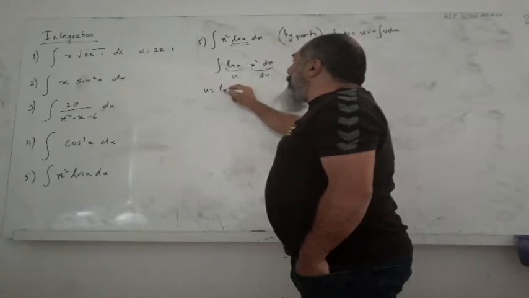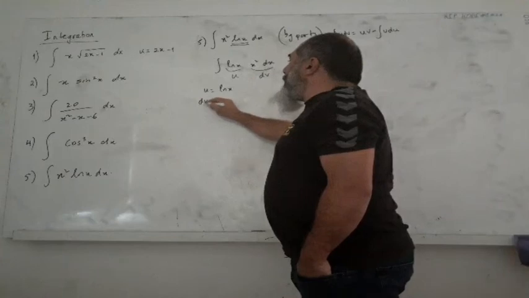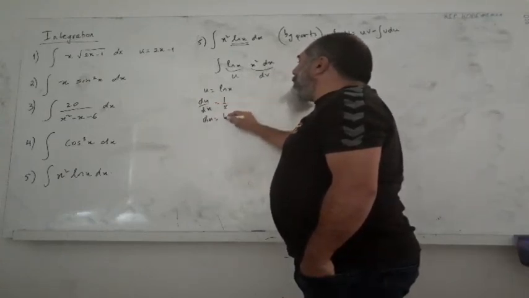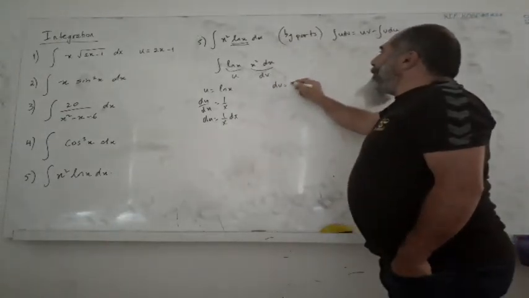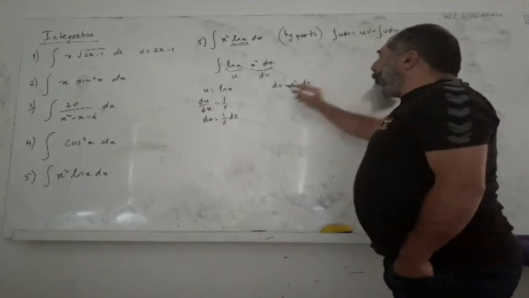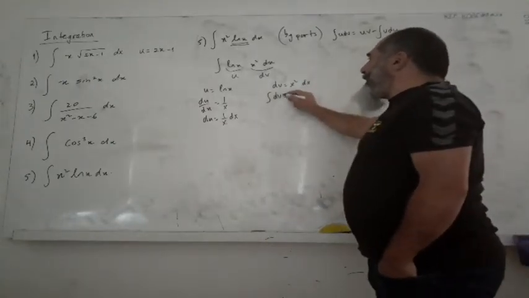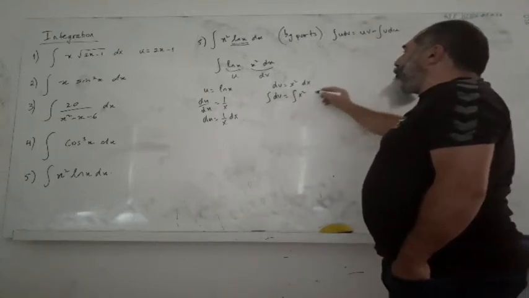So du over dx is 1 over x, du is equal to 1 over x dx. dv is equal to x squared dx. To find the expression for v, we have to integrate dv. The integral of dv is equal to the integral of x squared dx, so v is equal to x cubed over 3.